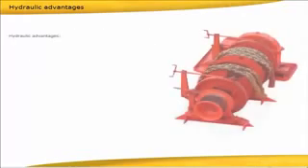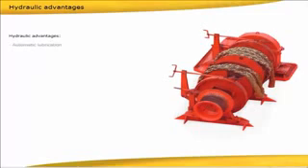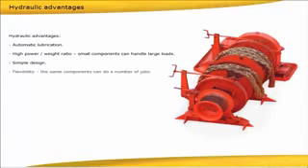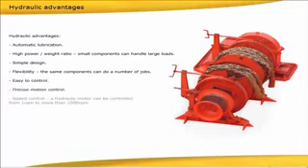Hydraulic advantages: automatic lubrication, high power-weight ratio, small components can handle large loads, simple design, flexibility, the same components can do a number of jobs, easy to control, precise motion control, speed control.